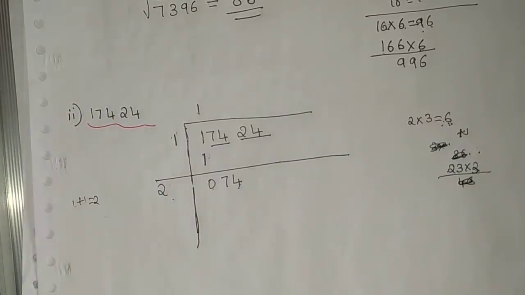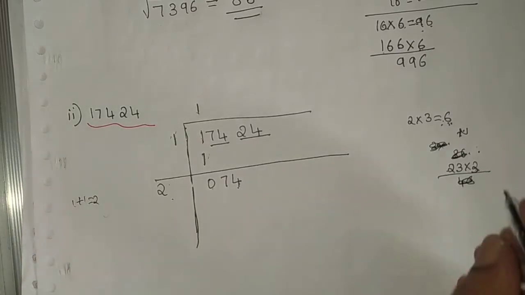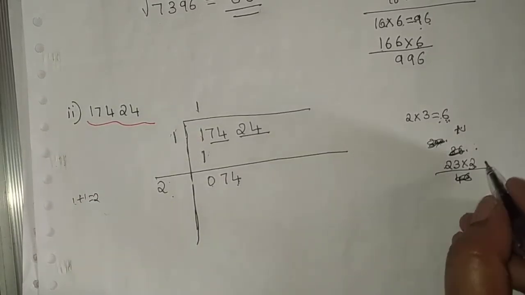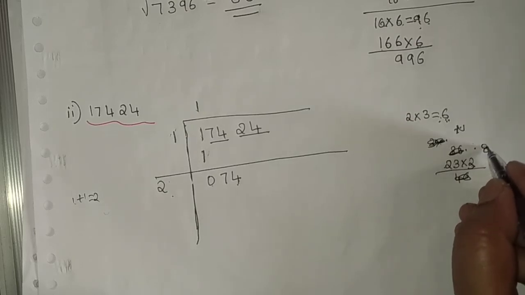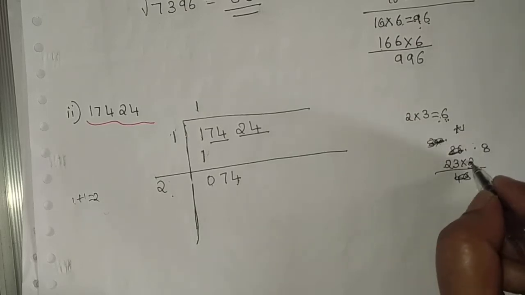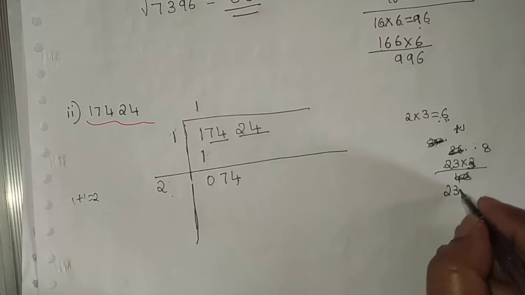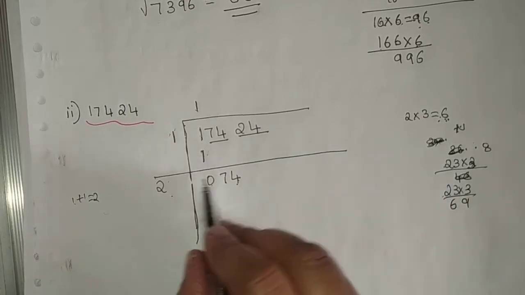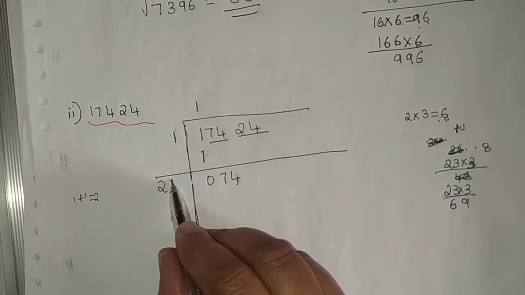So the next number, that is 7. 7 7s are 49. So therefore 23 into 3 will take. 23 into 3 will be 3 3s are 9, 3 2s are 6. Therefore here we will take the next number.